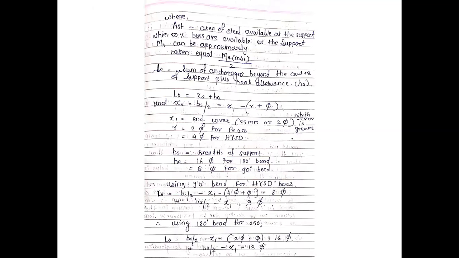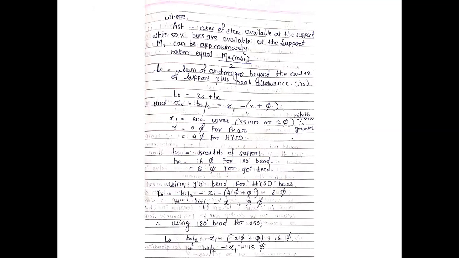So this is the main formula for the check for development length, where Ast is the area of steel available at the support. When 50% of bars are available at the support, M1 can be approximately taken equal to Mu max upon 2.